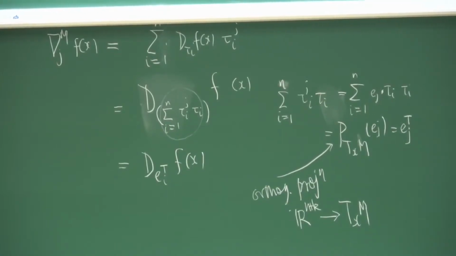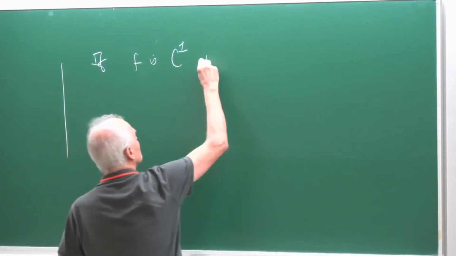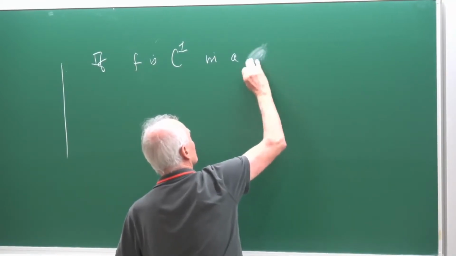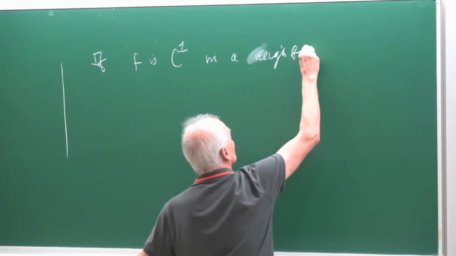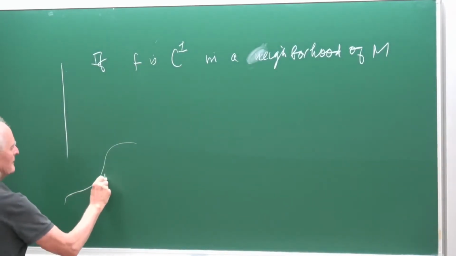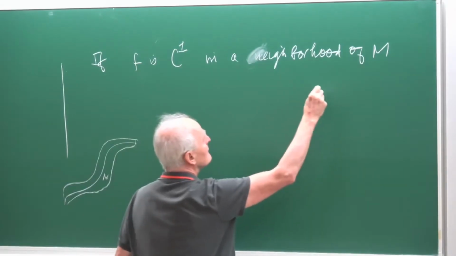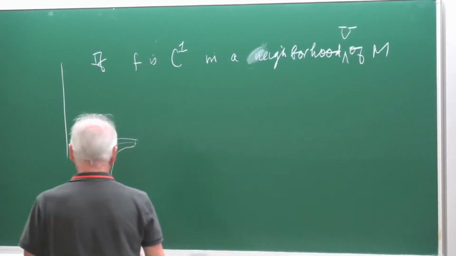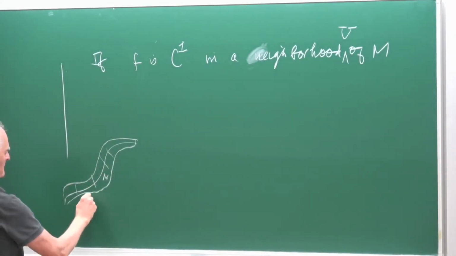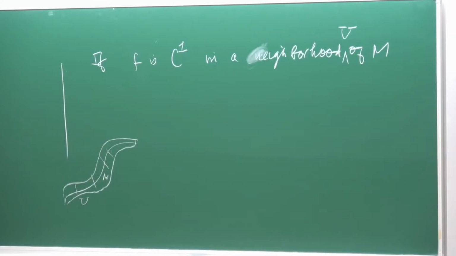If f is actually C1 rather than just Lipschitz, if it's actually C1 in a whole open neighborhood of M, then the schematic one-dimensional picture would be M is here, and you're talking about f being defined in a whole neighborhood of M. Let's call it U. So this would be U. So f is actually C1 in a whole neighborhood of M. And then you can give an alternative description of this, which is often more convenient.